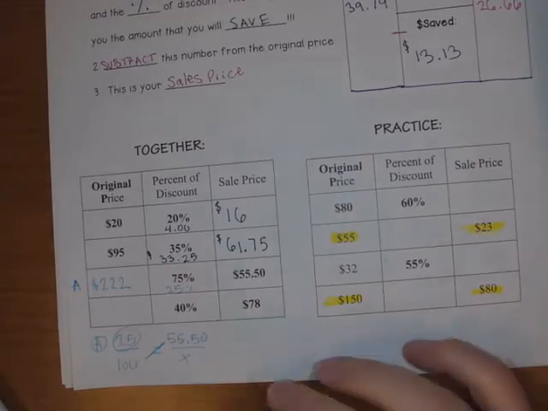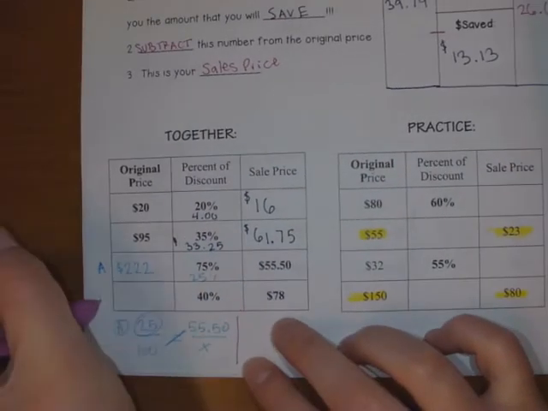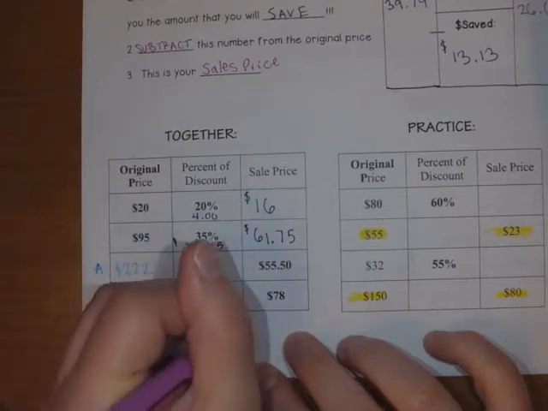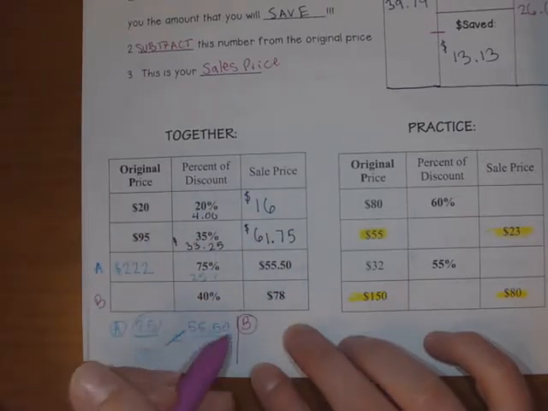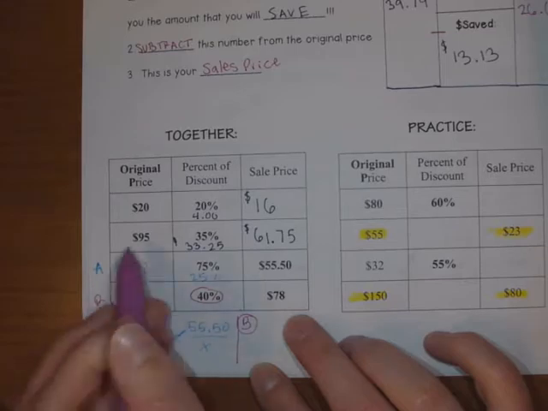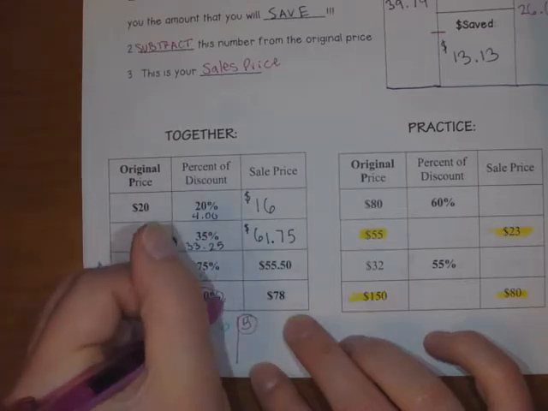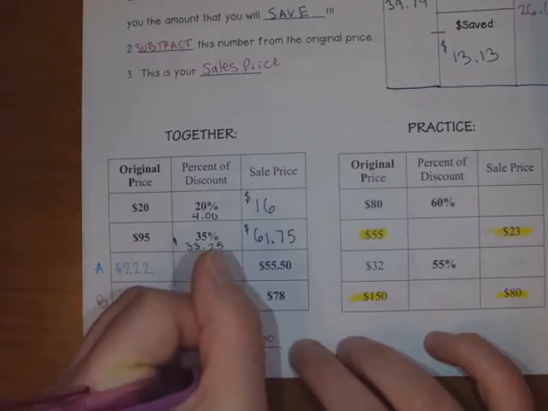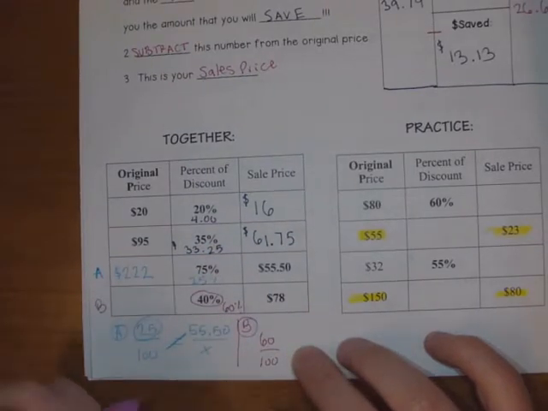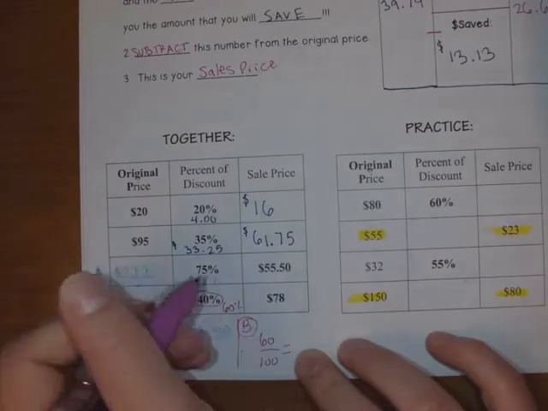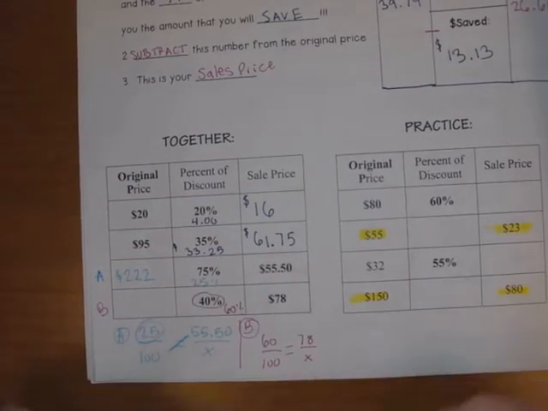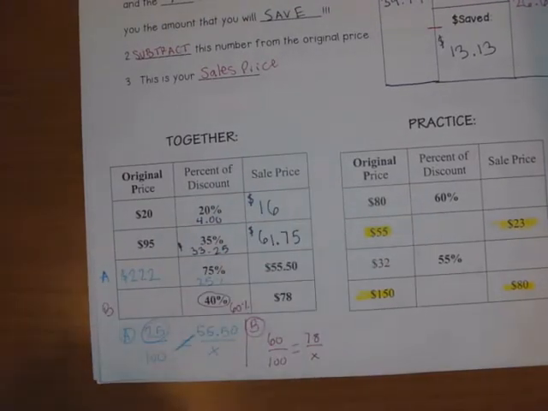Okay, now for problem B, if it costs you 40% off, that means you're paying 60%. And you always put percents over 100. Equals, and then you have your 78 over X. Because you're looking for how much it originally cost.